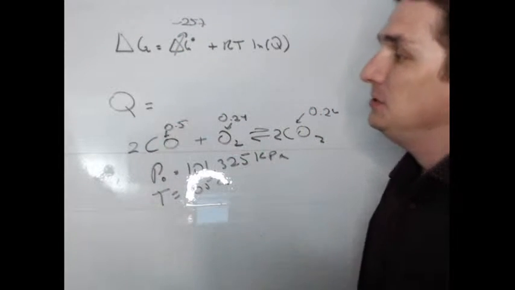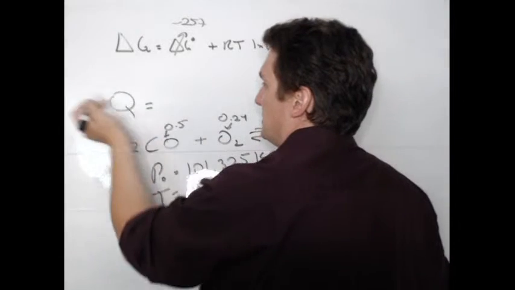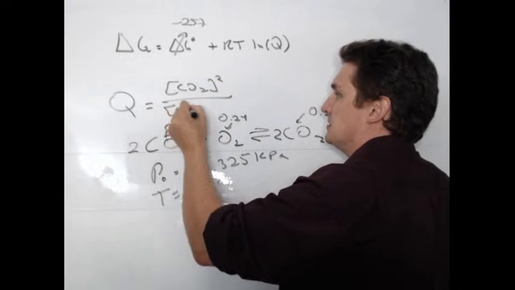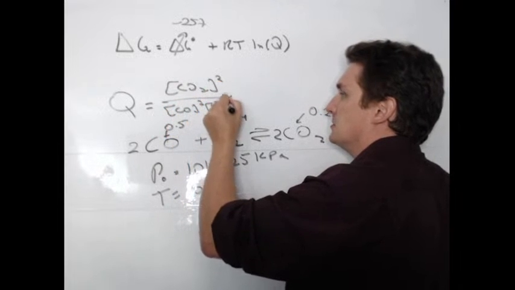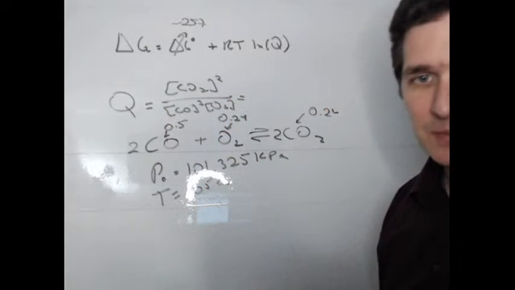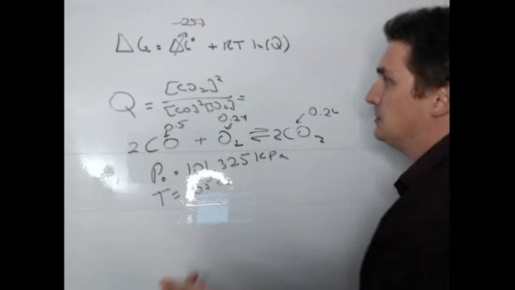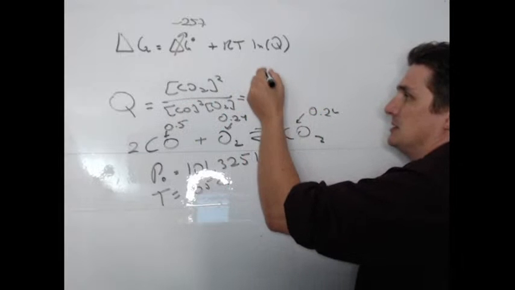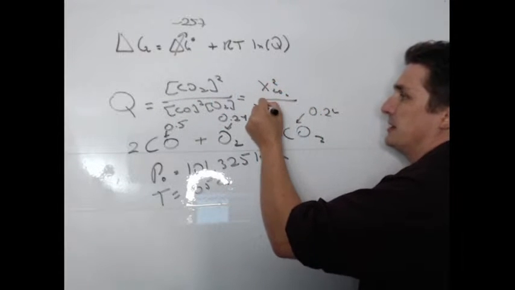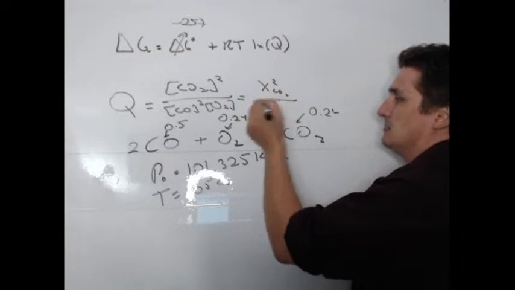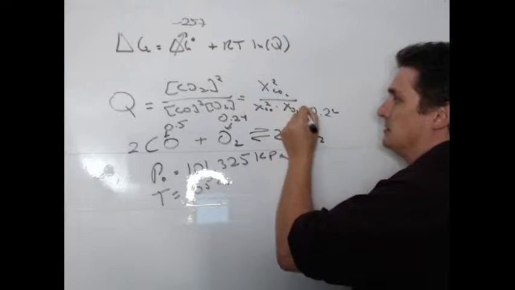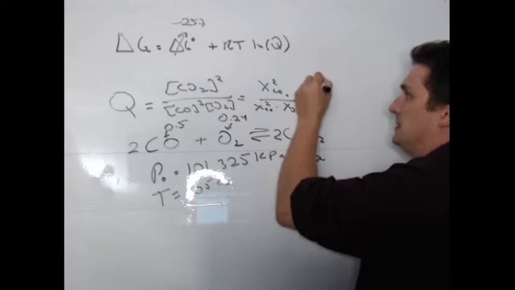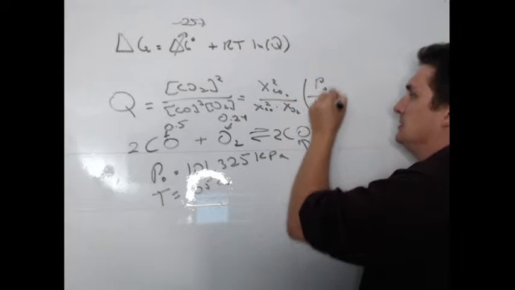The easiest way to do Q is the same way you set up K. So you have the concentration of CO2 squared over the concentration of CO squared times the concentration of O2. But we have the pressure dependence, and the quick way to do this is the mole fraction of CO2 squared over the mole fraction of CO squared times the mole fraction of O2, times P naught over RT.